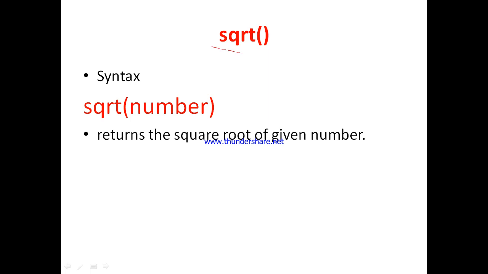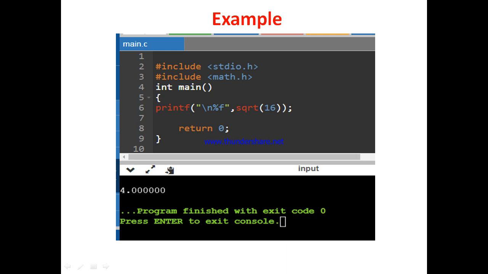Now the next function is sqrt. Sqrt returns the square root of the given number. Whatever the number is, it returns the square root. In this example, we are calculating the square root of 16. The square root of 16 is 4. Here we are getting the value 4.0000.